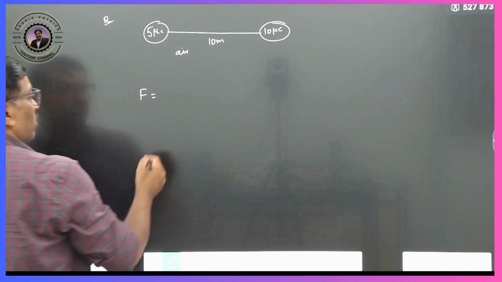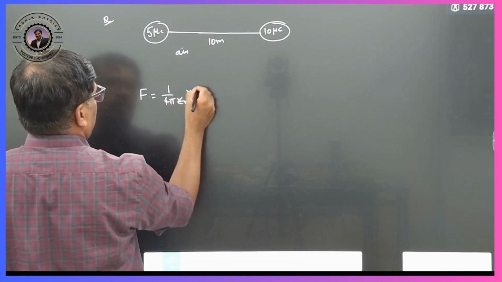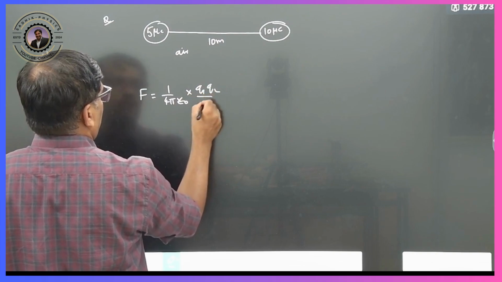What is the formula? 1 by 4 pi epsilon naught into q1 q2 by r square.